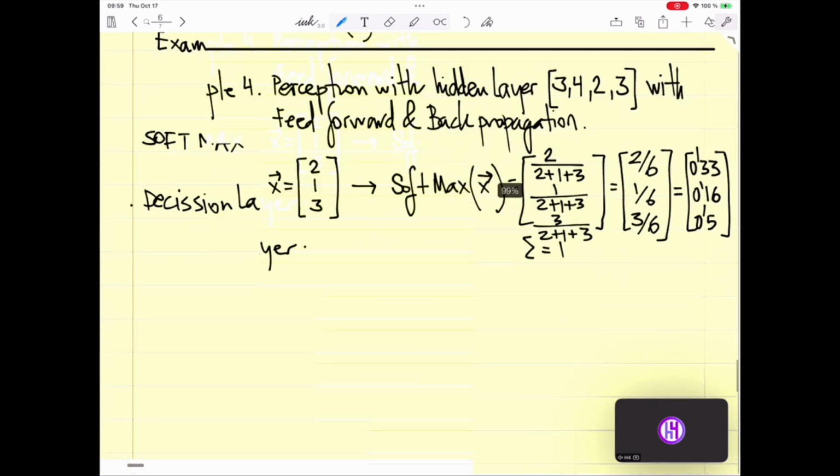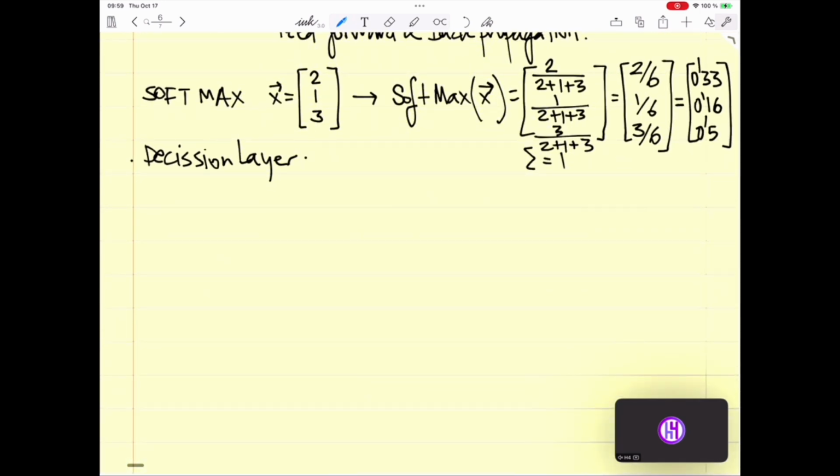Okay. So let me give you the example. We have our input vector 2, 1, 3.